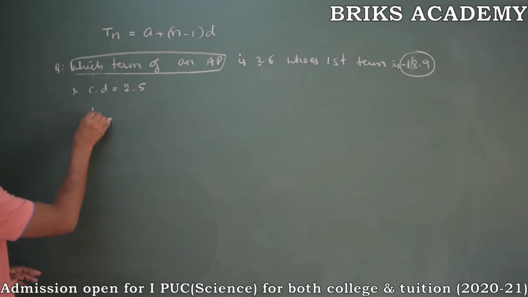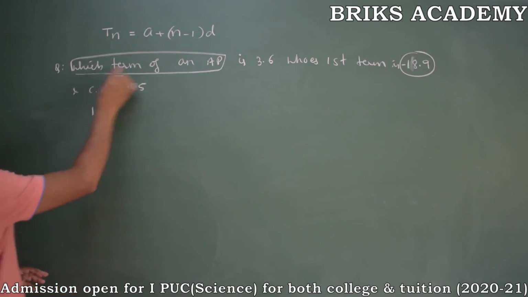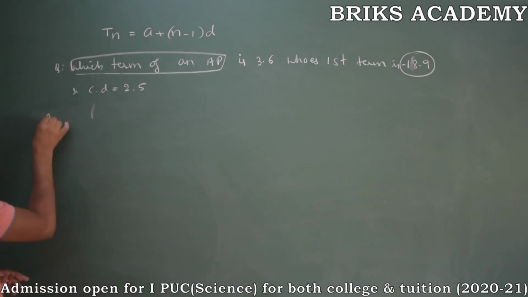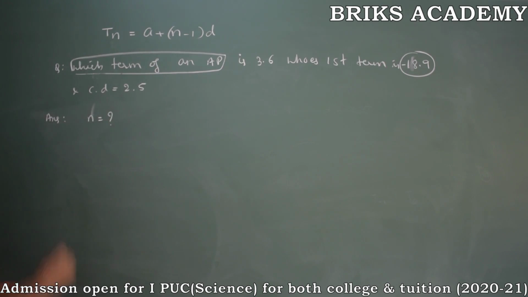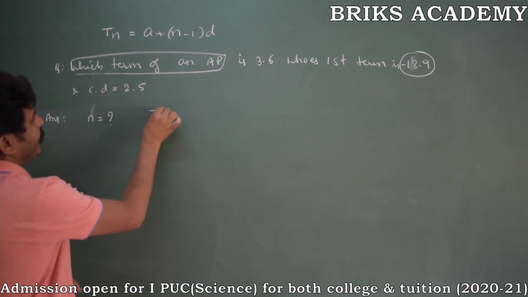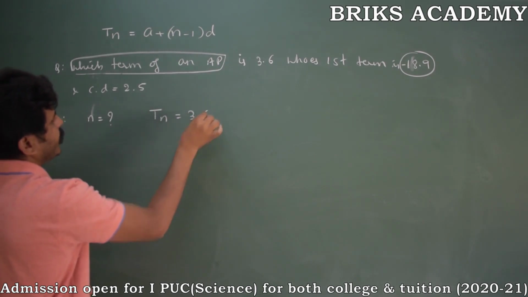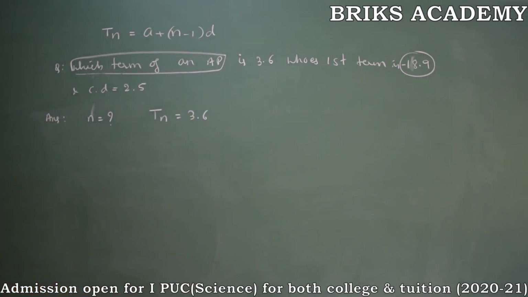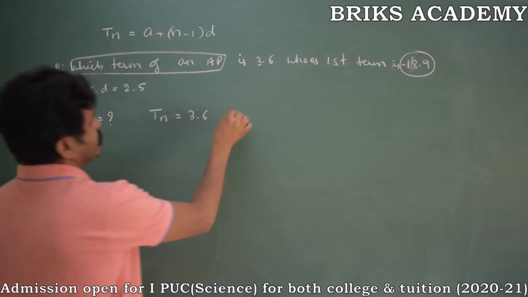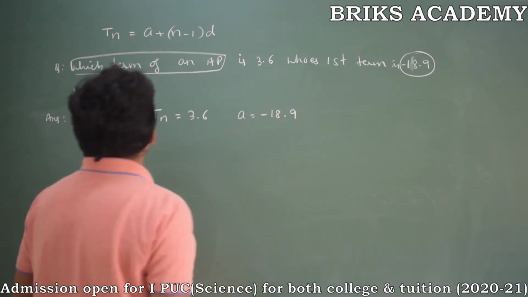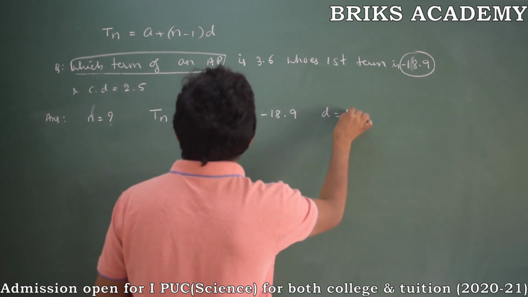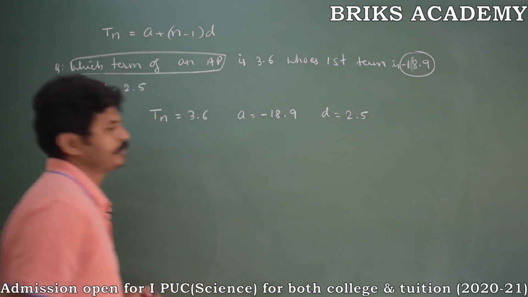So what have they given? Which term of an AP? What do you mean by which term of an AP? Say nth term of an AP. So nth term of an AP is 3.6, they have given, and whose first term is minus 18.9 and common difference is 2.5.